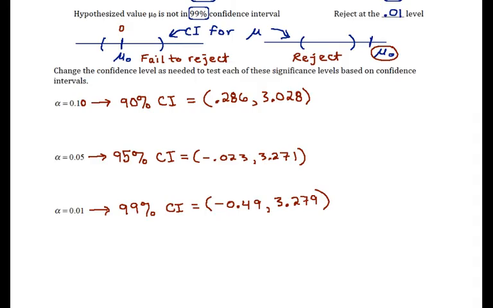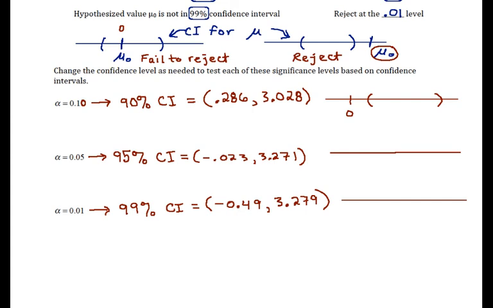Okay, so the picture that we want to look at involves the number 0, because that's what our value of mu sub s minus mu sub n, or mu sub n minus mu sub s, would equal if there's no difference between the two. In this first example, here's 0, and my confidence interval consists of entirely positive values.